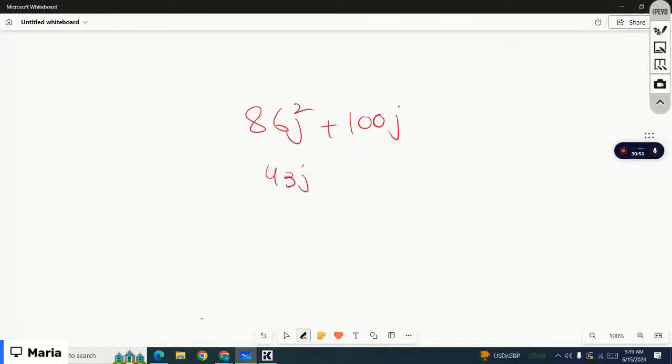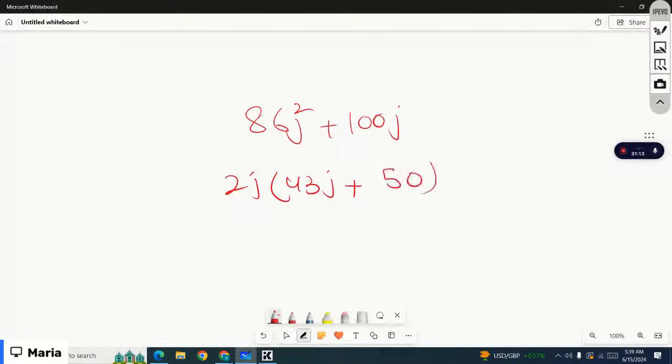That is 43j square plus... no, let's just take common 2j and we are left with 43j plus 50. They are equal to 0, right? Either 2j equals 0 or 43j plus 50 equals 0.